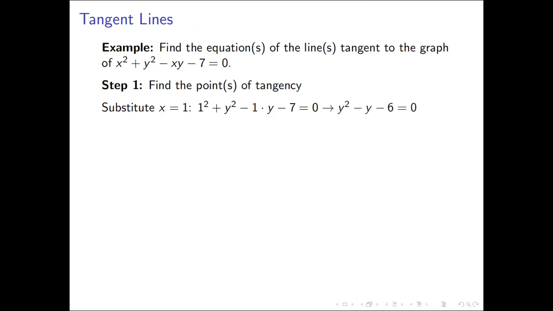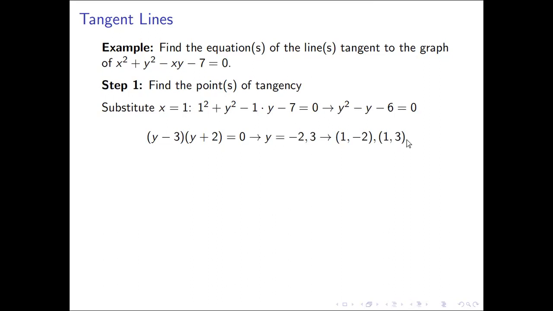So that's quadratic, it's factorable, and you can easily solve for y. So in other words, once you substitute x equals 1, you'll be able to get the corresponding y coordinates. And that means there are 2 points in consideration since there are 2 values for y. So the 2 points of tangency are (1, -2) and (1, 3).